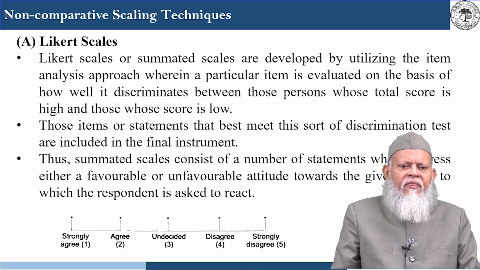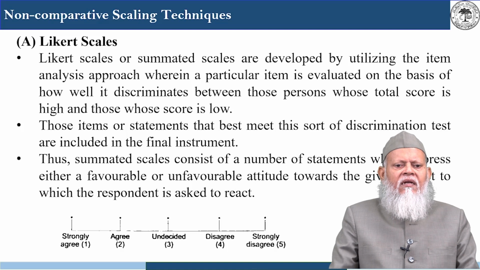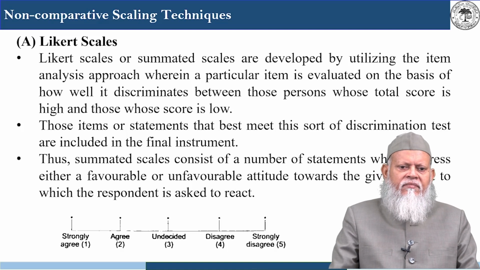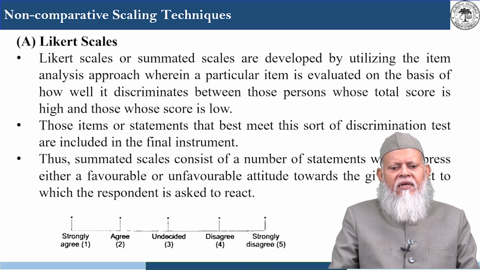So, the first is the Likert scale. In the Likert or summated scale, scales are developed by utilizing the item analysis approach, wherein a particular item is evaluated on the basis of how well it discriminates between those persons whose total score is high and those whose score is low.